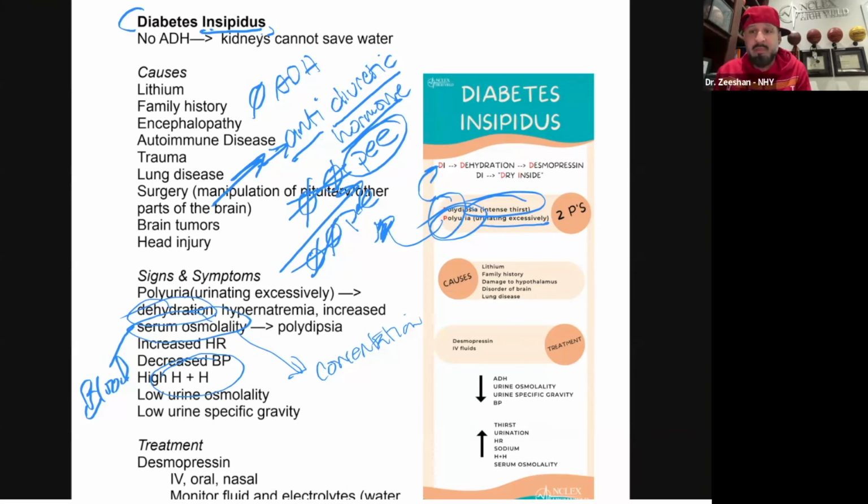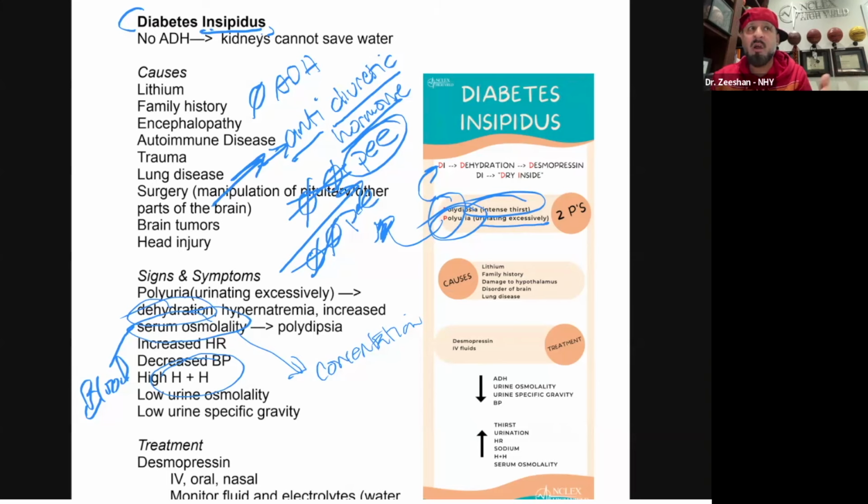All the fluid is coming out of me, which means that all the particles in my urine are going to be dilute because they're combined with a bunch of water that I'm peeing out. So my urine concentration is low. It's dilute. It's not concentrated. So I have a low urine osmolality.